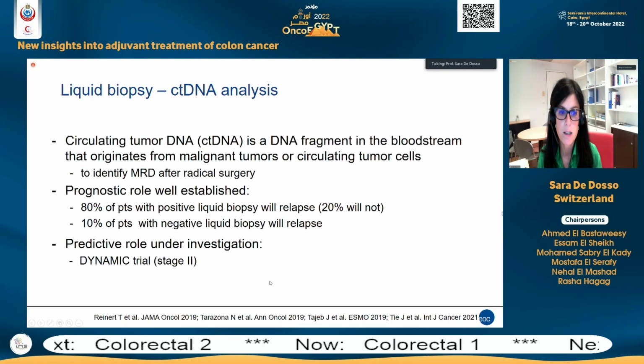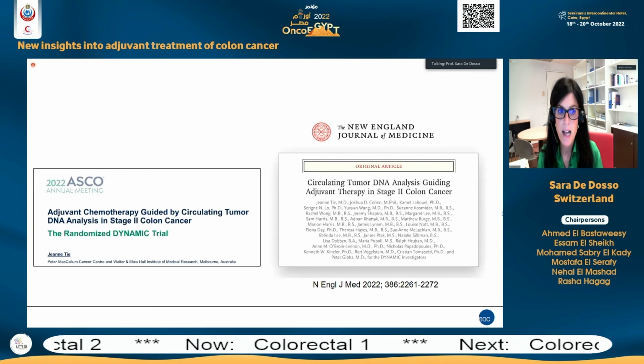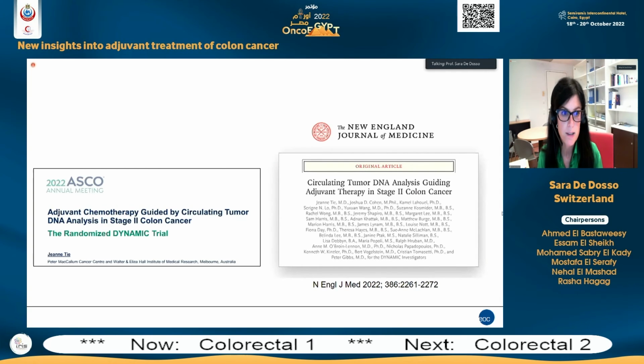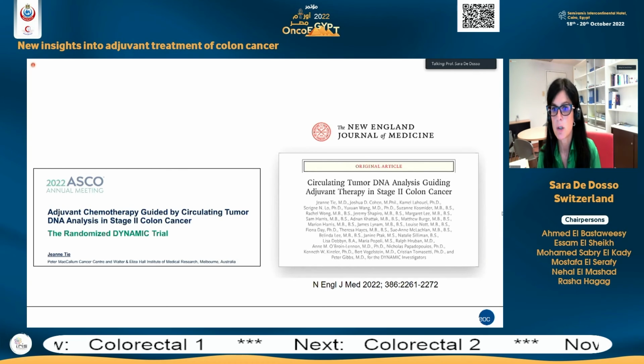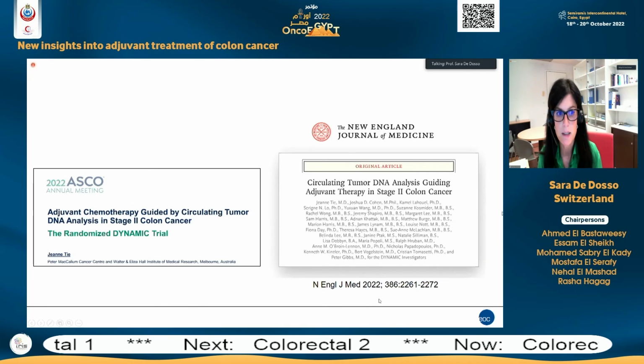In addition, its predictive role is still under investigation, and in this regard, I would like to briefly mention the results of the DYNAMIC trial. These results were presented at the latest ASCO 2022, and immediately after the presentation were also published in the New England Journal of Medicine.